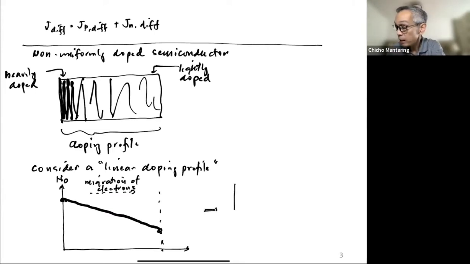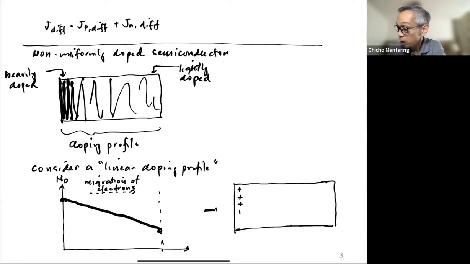After a while, the left side is going to be positively charged, and the right side will eventually end up negatively charged.